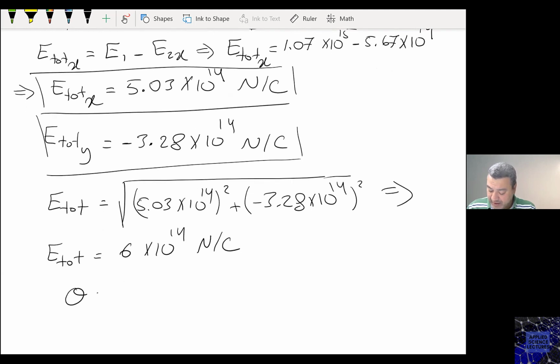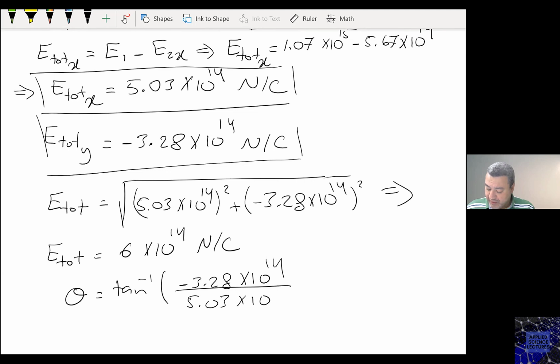The angle theta is tan inverse of the y component, which is minus 3.28 times 10 to the power 14, divided by 5.03 times 10 to the power 14. And the angle theta is minus 33.11 degrees.